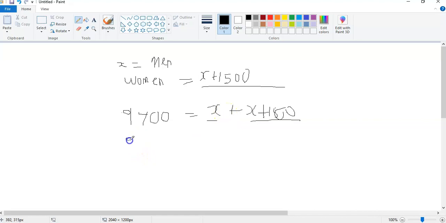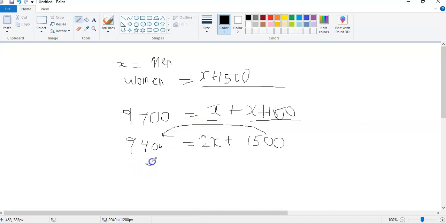So we have 9,400 equals x plus x, which gives us 2x, plus 1,500. Now we move this one here so that the x can be alone.